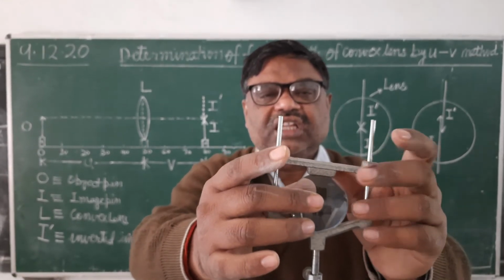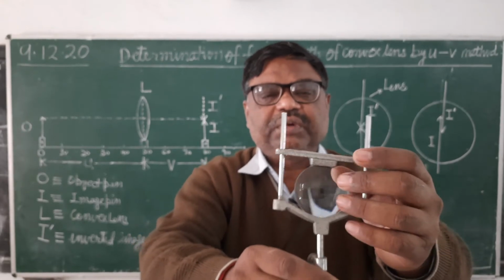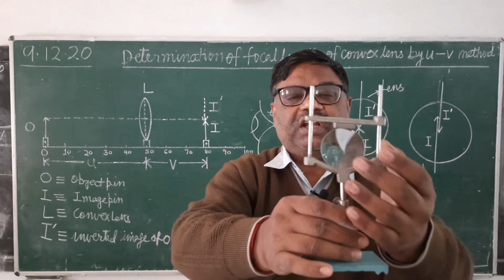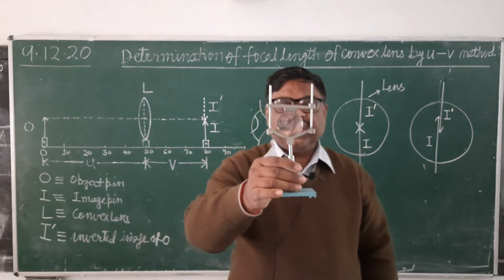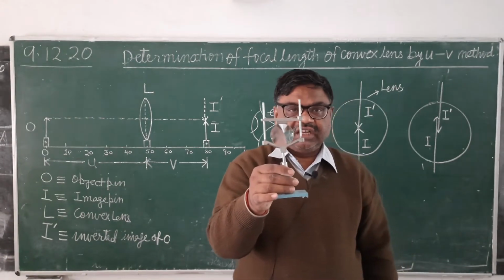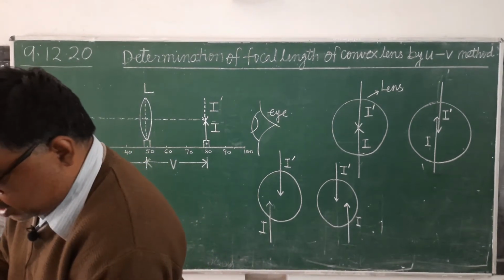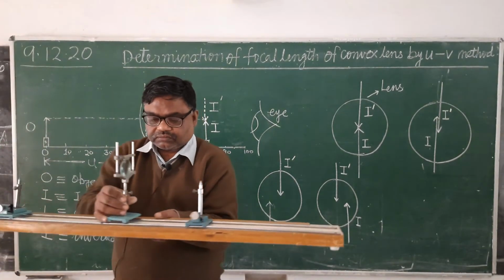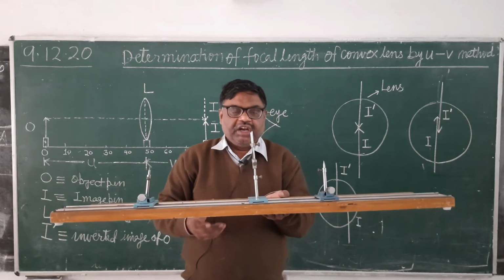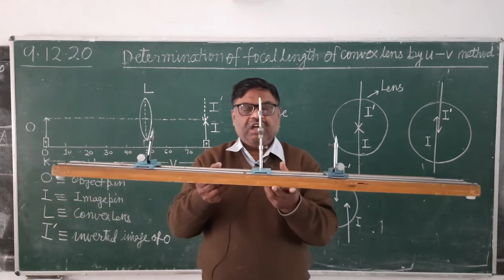Otherwise what will happen during the experiment? There will be chances of it falling. Now it has been fixed, so you can see here. It will be kept here in the middle.